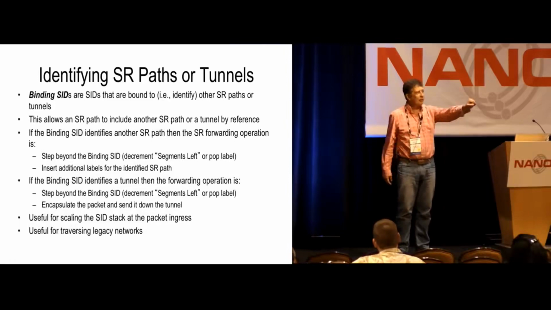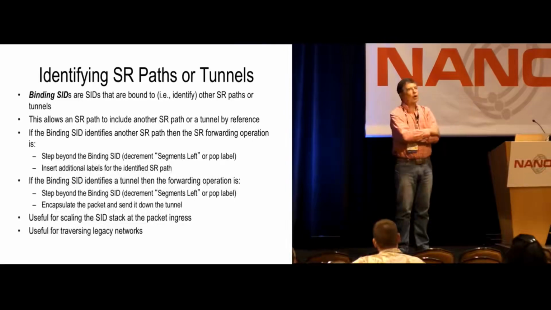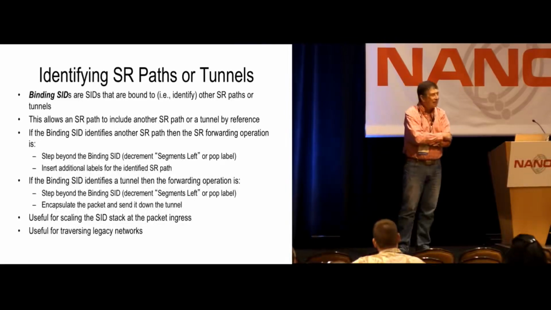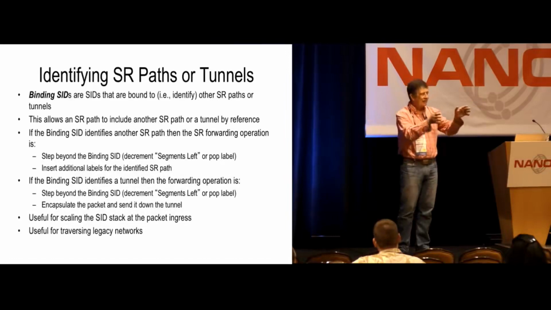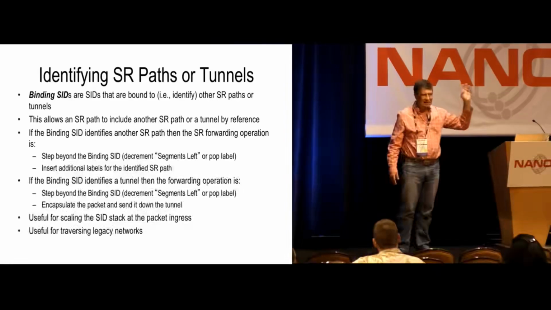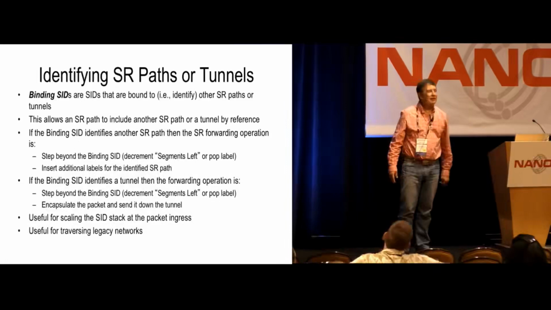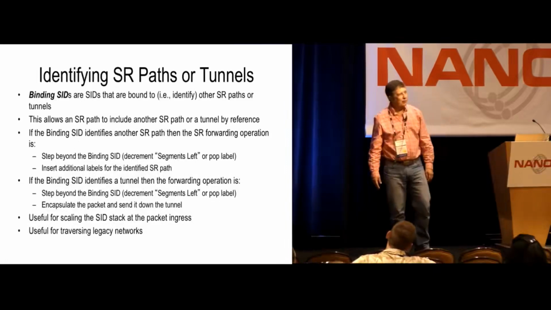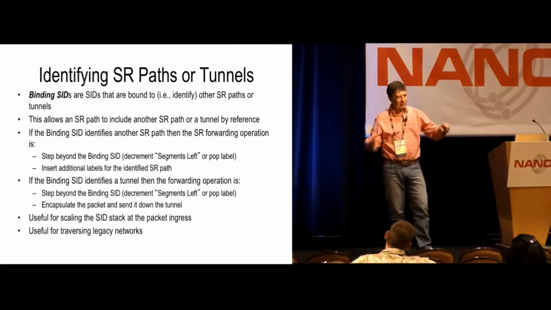Let's make it even more complicated. It has 10 hops, all of which have to be adjacency hops. You're not allowed to do it any other way. And I realize it's kind of a contorted thing to do. Well, what you might do is build an SR path from 5 to 10. Have 5 advertise a label, advertise a binding SID to get there.